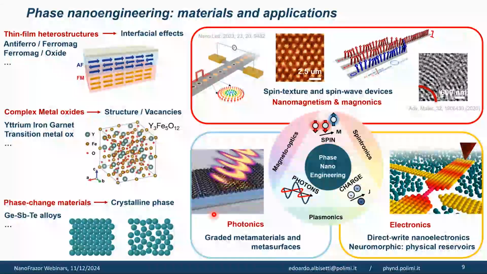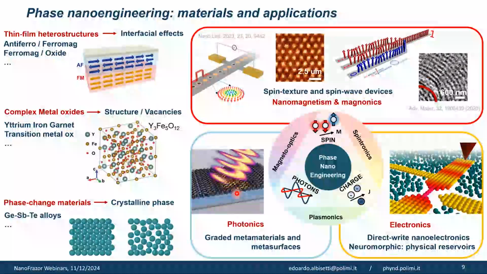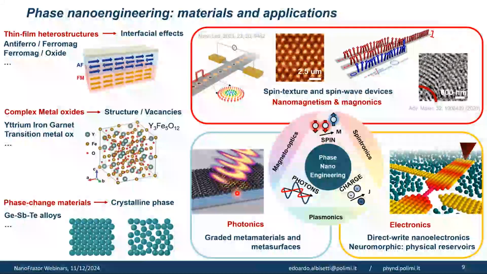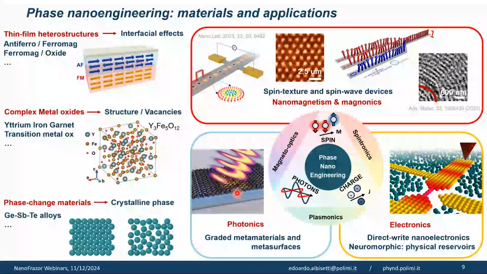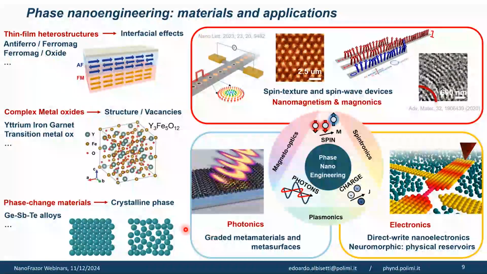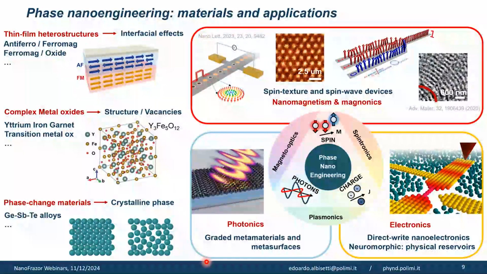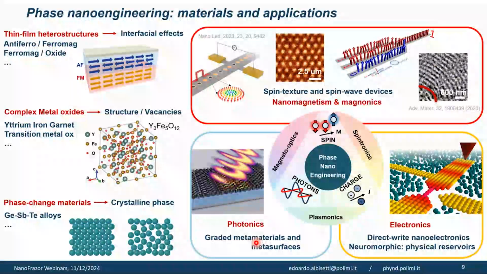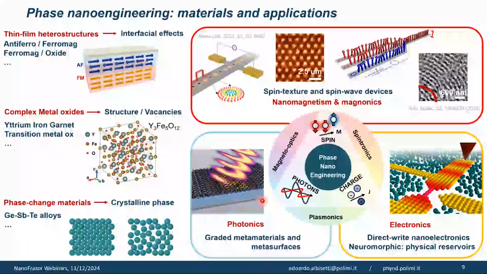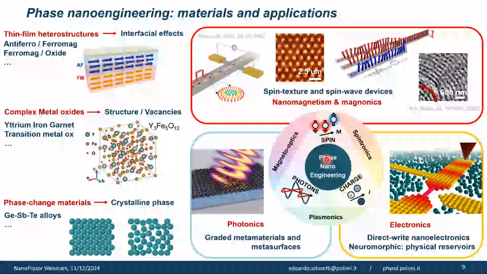In photonics, it's something that we started really recently. But of course, the idea of having grating metamaterials or metasurfaces that interact with light in a new way when the material is structured, and the idea to have a material that can be tuned really precisely point by point, opens up a lot of possibilities that we are exploring.